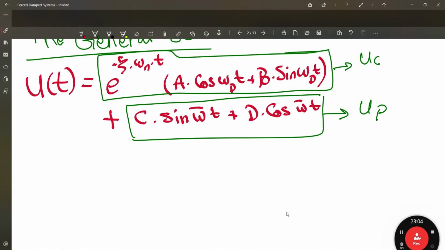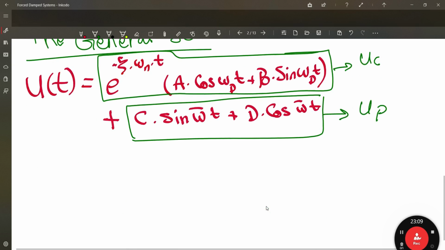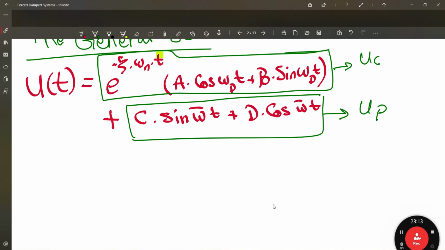As we have mentioned before, in this general solution you're going to have something very interesting. There is something we call the decaying term, which is the exponential function.